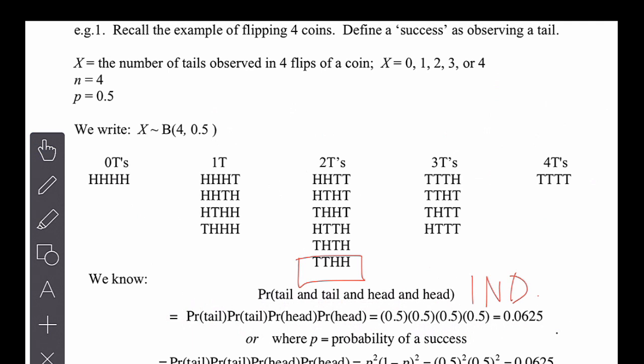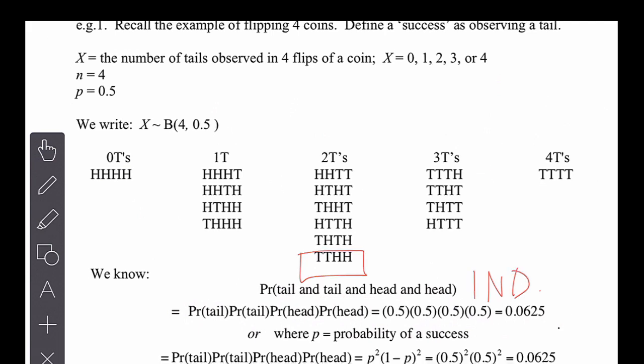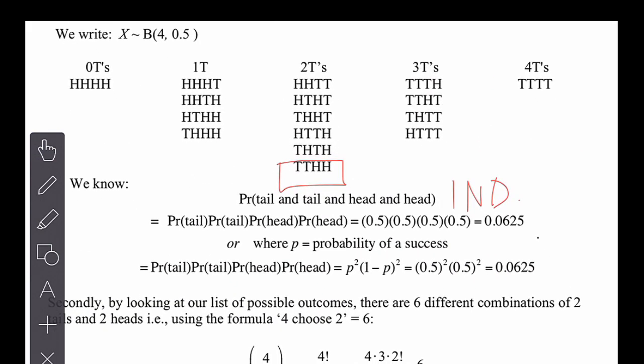So what is the formula? If rather than putting the number in, let's put the symbol. The tail is what I'm looking for, so that will be my success. So I'm going to put a p here.